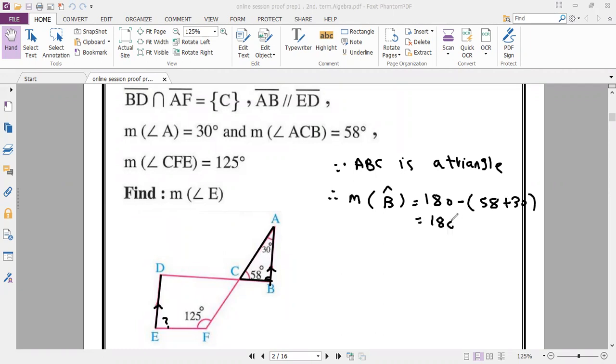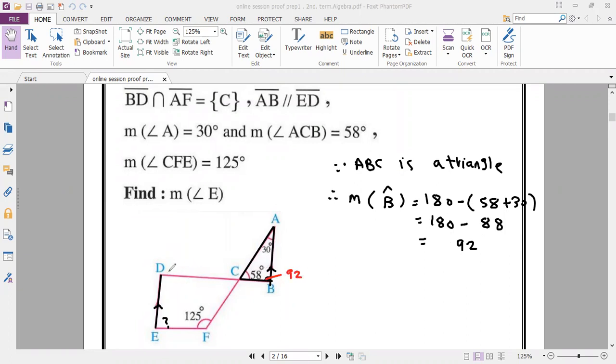So it's 180 minus 88, which is 92. The measure of angle B is 92. We can write it here.